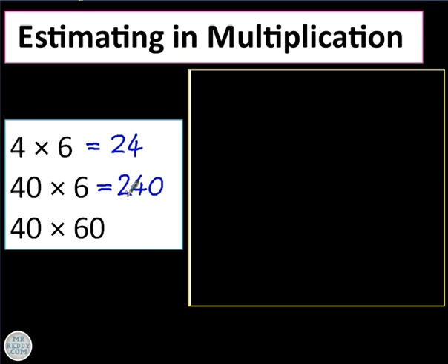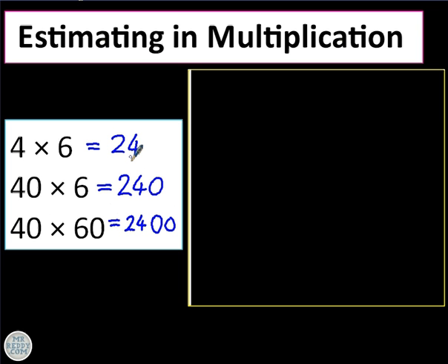Okay, how can I use this fact or this fact to help me work out 40 times 60? I can see that 40 is 10 times bigger than 4 and 60 is 10 times bigger than 6. That means my answer is going to be 10 times bigger than 24, and then 10 times bigger again: 2,400.